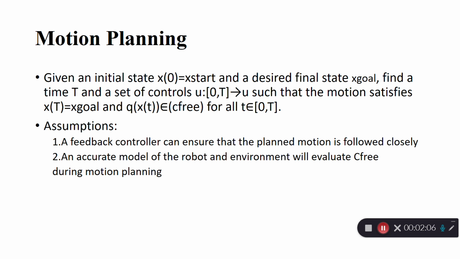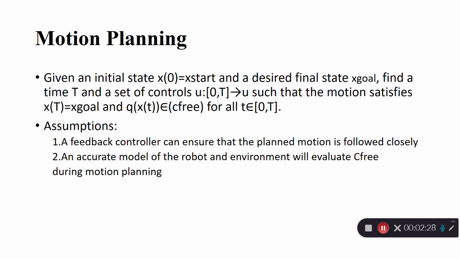So there are two assumptions made in this. One is that the feedback controller can ensure that the planned motion is followed closely, because we cannot say that the feedback from the controller is 100% sure of the motion which we have captured.